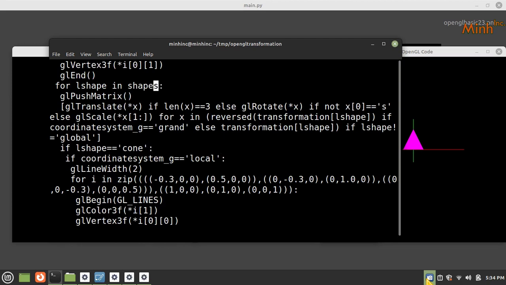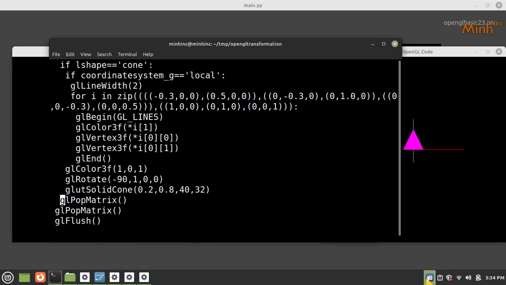Instead of the L-shaped cone, now we have if L shape equal to airplane. The color of the airplane we'll keep kind of green.